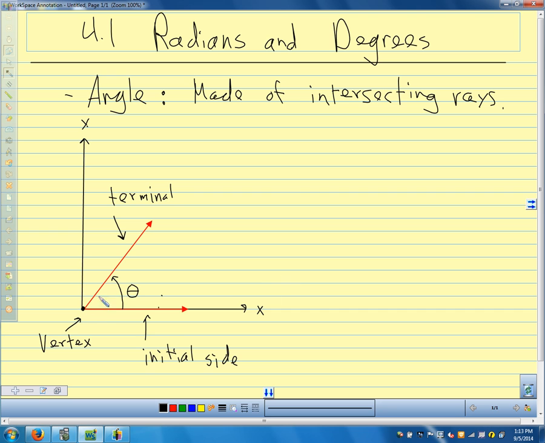An angle with its initial side on the x-axis and its vertex at the origin, we call it standard position. So that's one way they would tell you where the initial side is. They would say an angle in standard position. That means its initial side's on the x-axis and its vertex is at the origin.